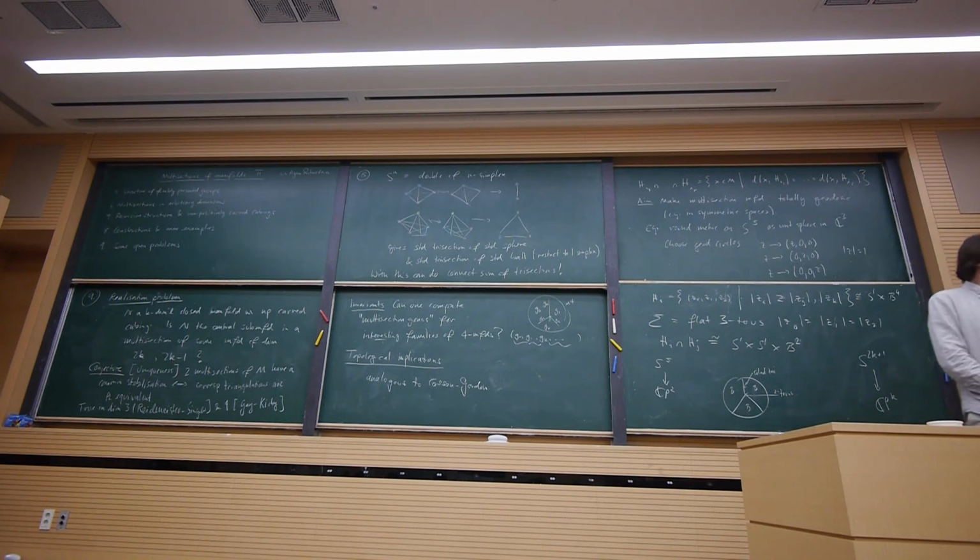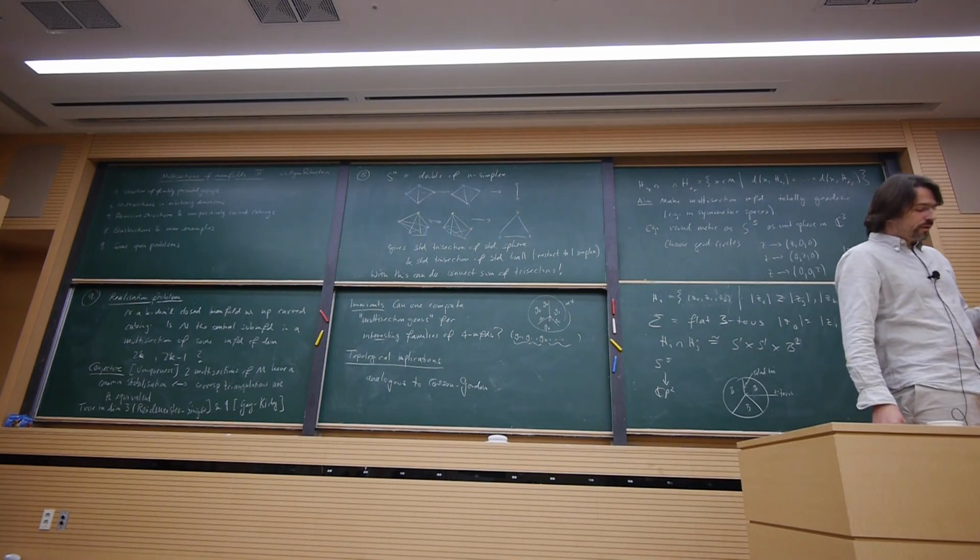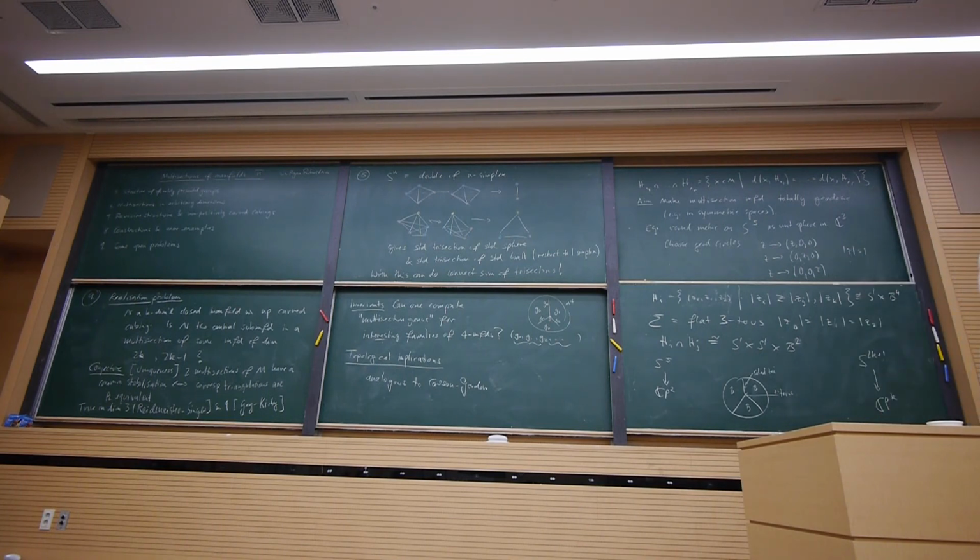Do you have some insight on different smooth structures on the same manifold, like multisections of the same manifold with different smooth structures and how they can come? Yeah, not yet. This is actually something I'm thinking about.